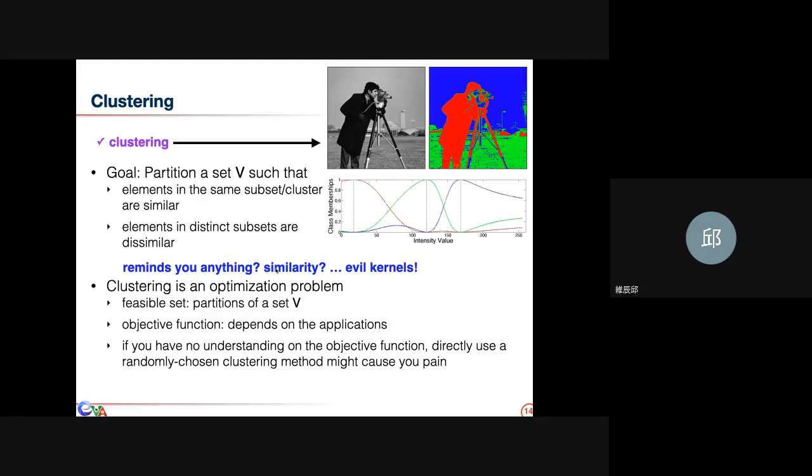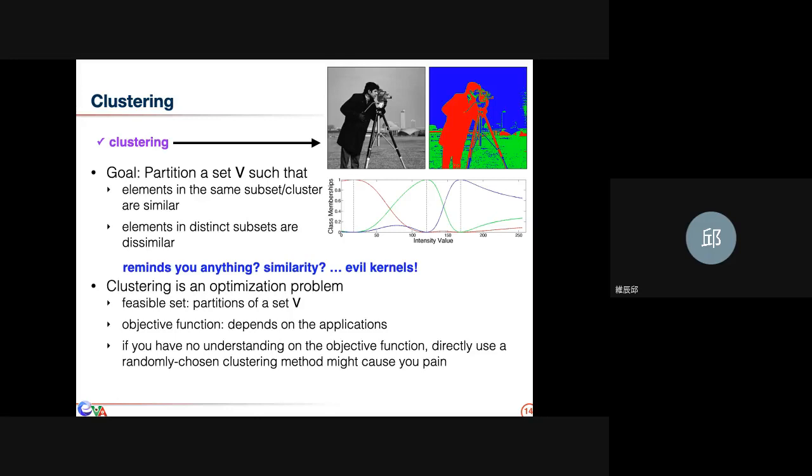Okay, so basically clustering is an optimization problem, right? Because a data set can be partitioned in different ways. For example, given this image, I can cluster those pixels according to the intensity value, or I can cluster them according to their spatial location, or according to other features, right?